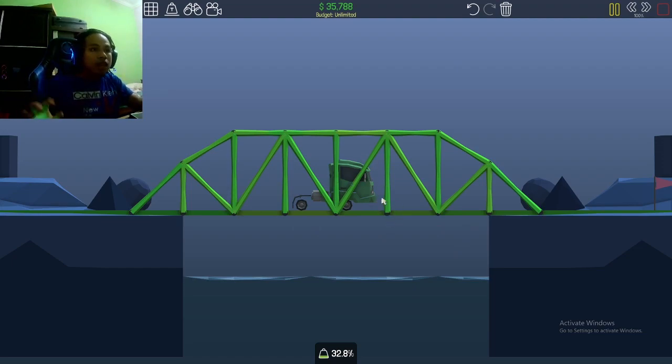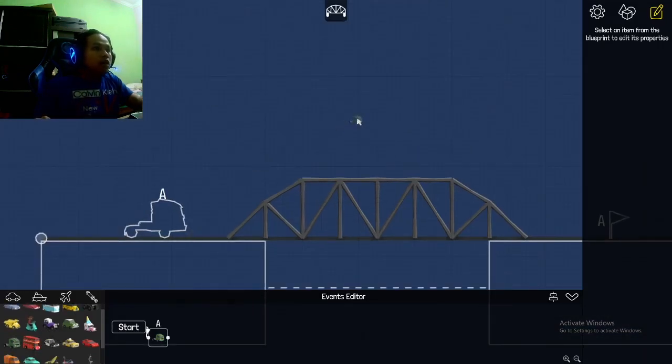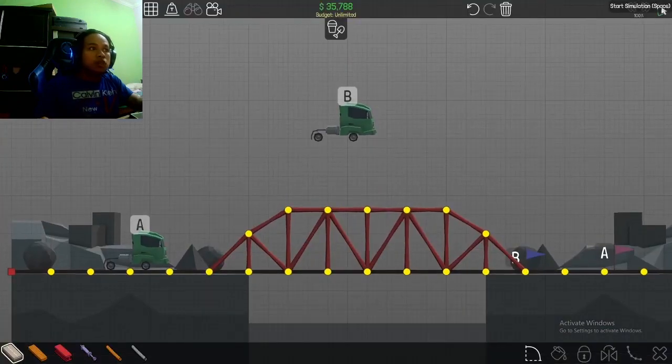This means that the force exerted from the lorry is way higher than the car, around 32.8% load. In conclusion, the higher the force is, the more likely for the bridge to fail.